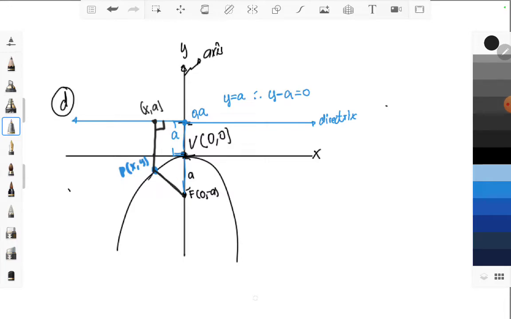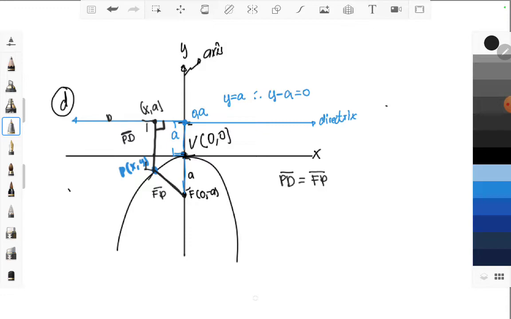The next thing to do is, of course, to set these equal. FP must have a similar length to my PD, from point to directrix, and my focus to my point. So PD must be equal to my FP. But what is my PD?